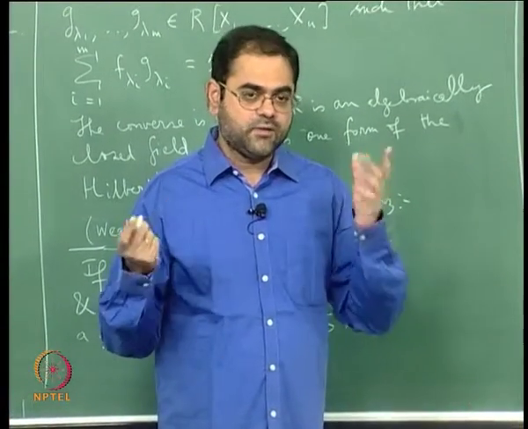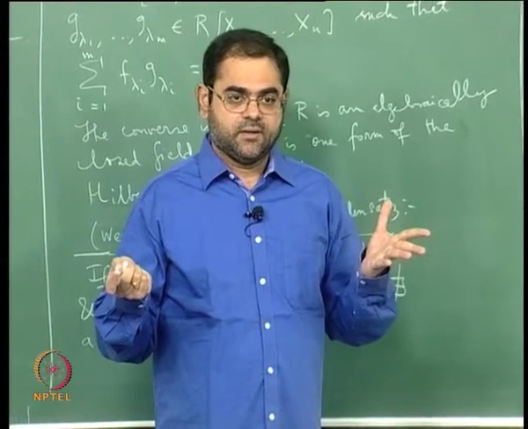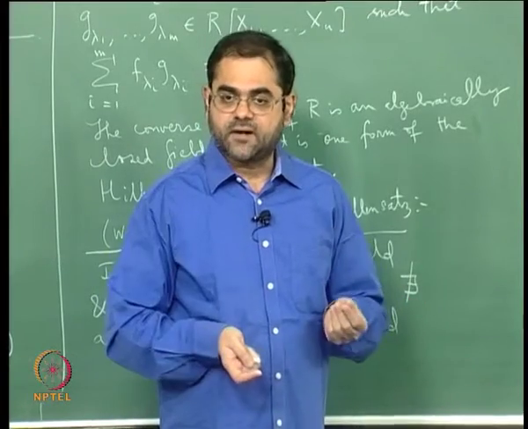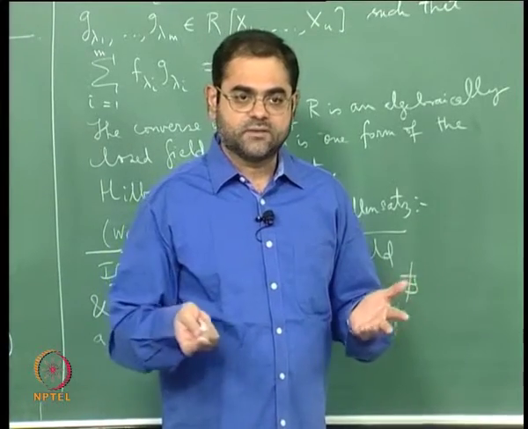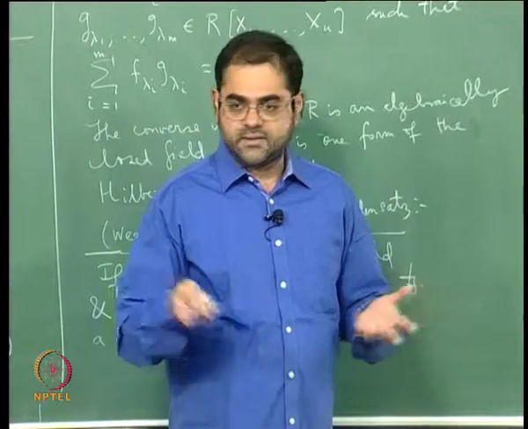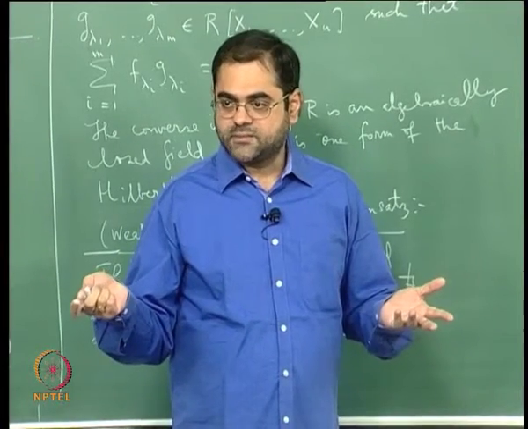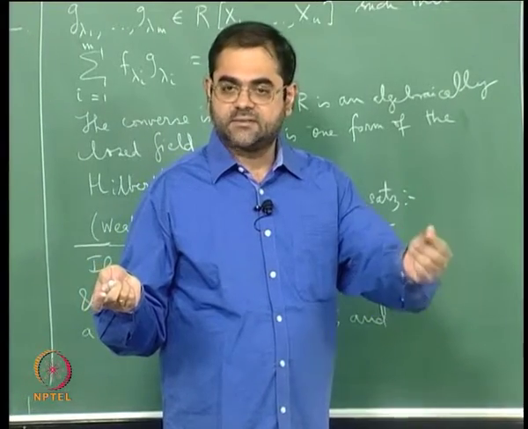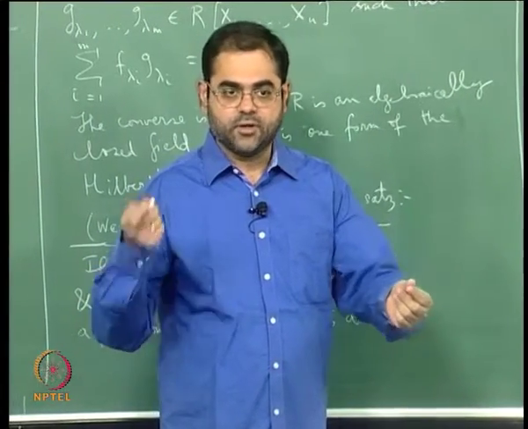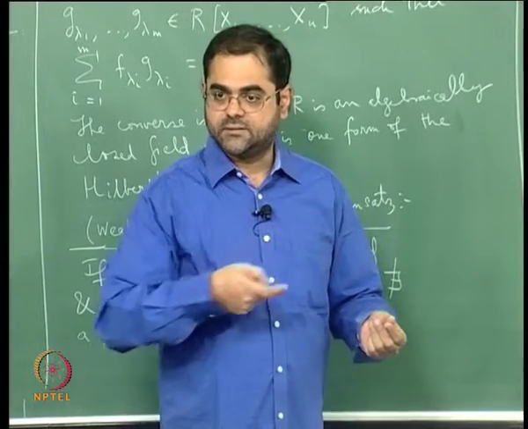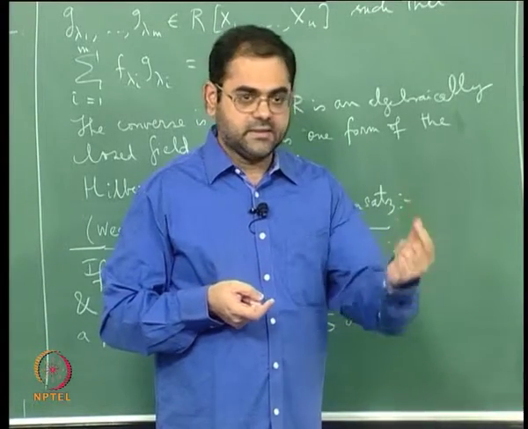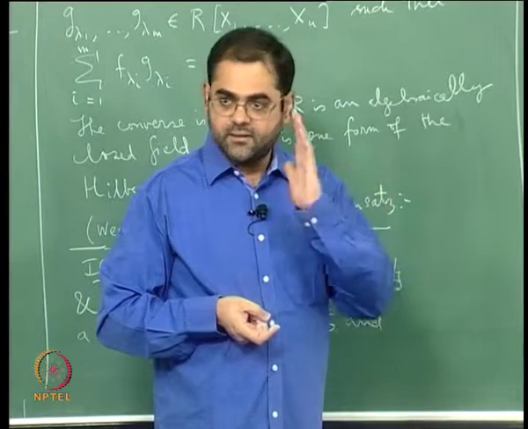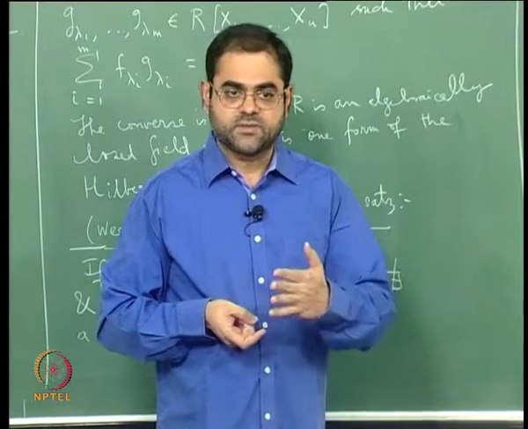And this is in tune with our common sense, okay, because if you take a real valued function on some subset of Rn, or a complex valued function on a subset of n dimensional complex space Cn, then the set of points where the function takes the value 0 is going to be a closed set, provided the function is continuous, because a point is always a closed subset, and if a function is continuous the inverse image of a closed subset is closed.